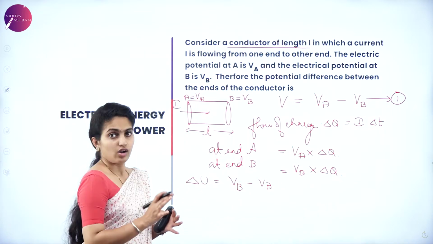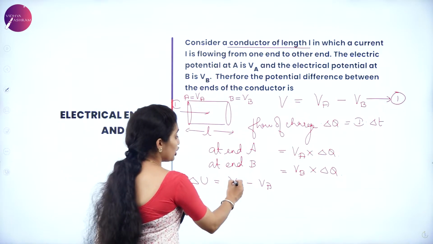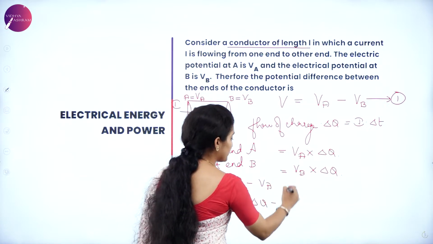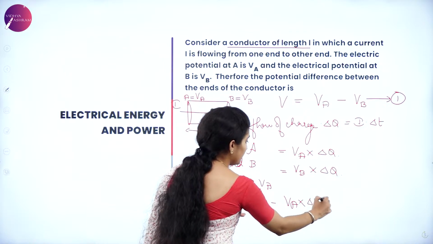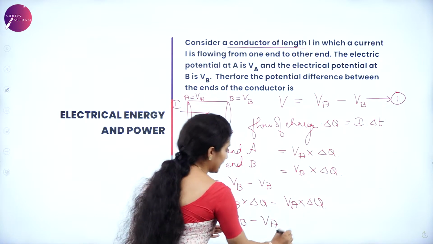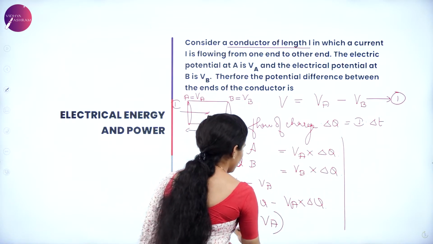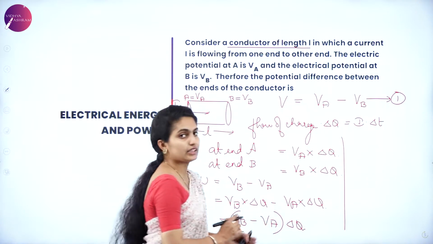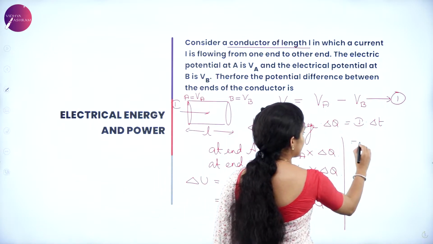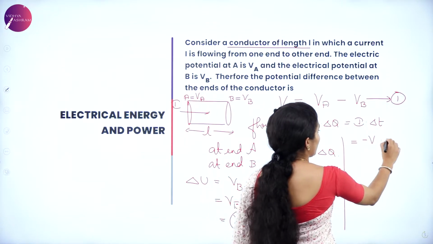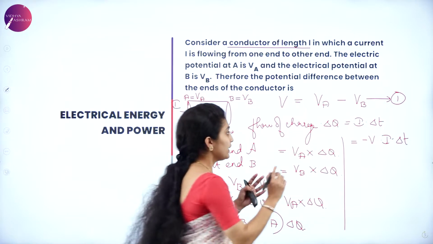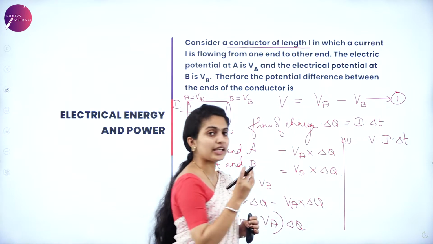On substituting for these two, VB along with its charge is VB into delta Q, and VA along with its charge is VA into delta Q. So delta Q is a common term, so it becomes VB minus VA into delta Q. VB minus VA is nothing but the opposite of V, so it will be minus V, which equals minus V into I into delta T. I am substituting this for the delta Q value. So delta U, the change in potential energy, is negative.